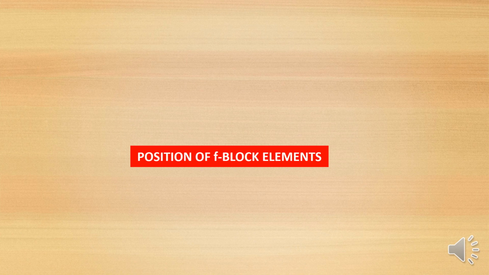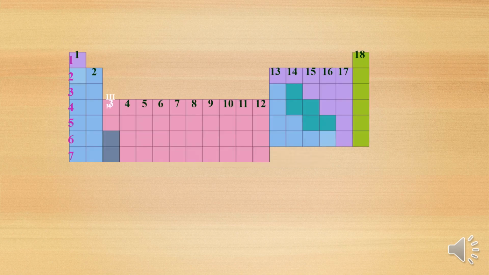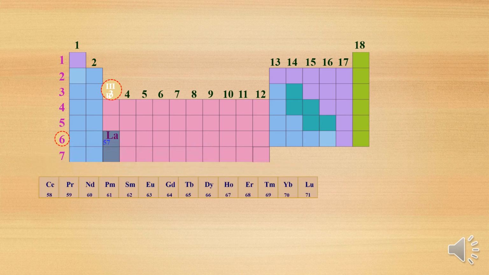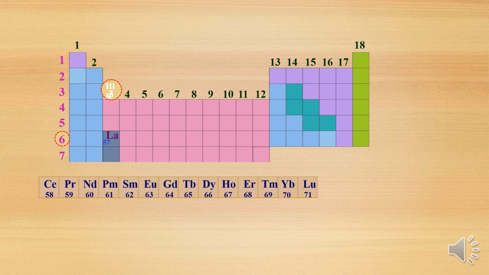Already we know the F block elements are kept separately, but once more we'll go through it in detail. There are 18 groups in the periodic table. In the third group, lanthanum and actinium come. After lanthanum, 14 elements come, which are called lanthanides.